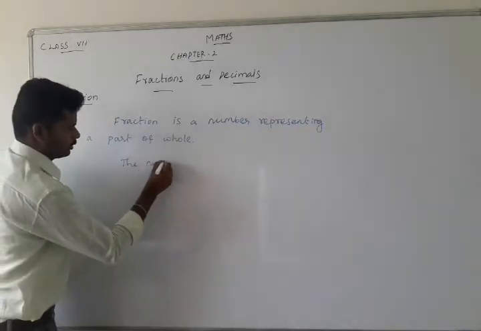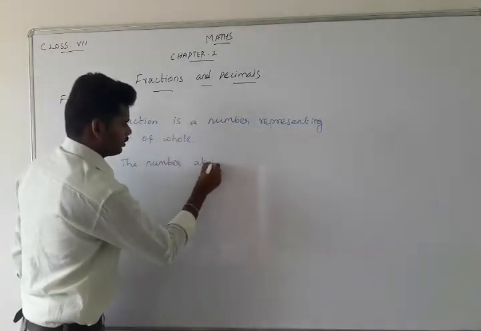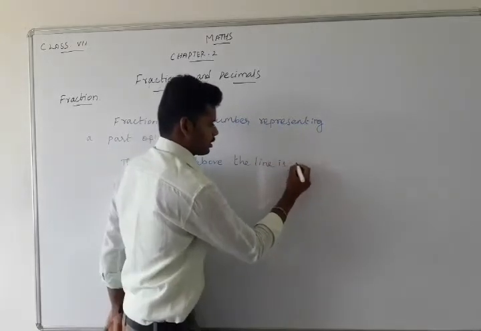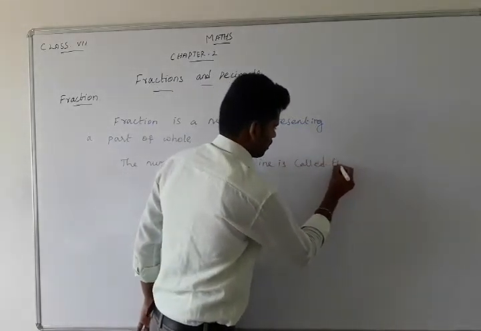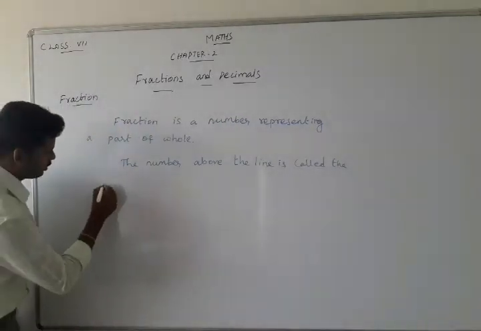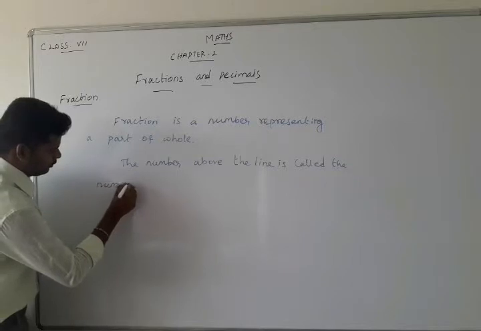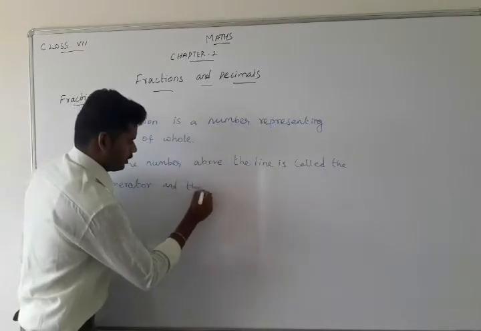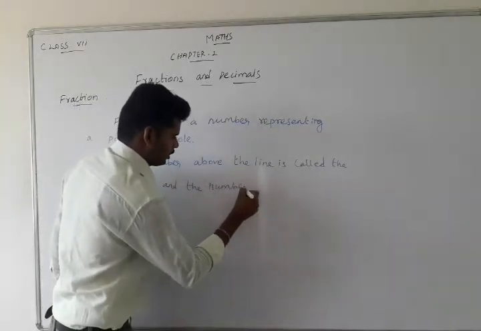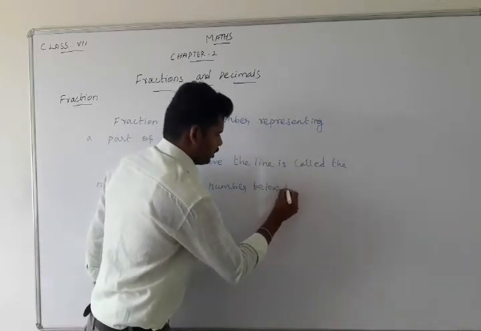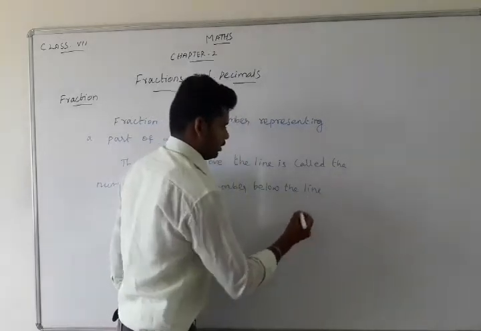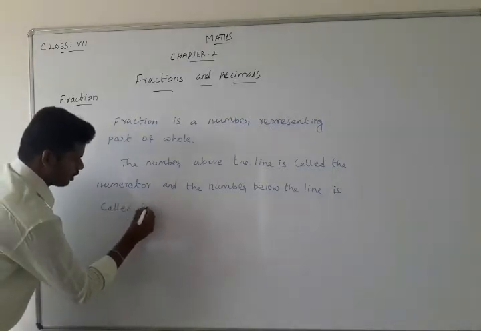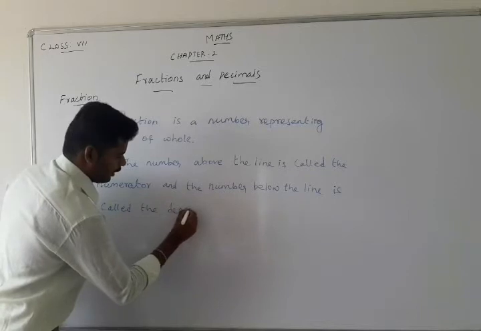The number above the line is called the numerator, and the number below the line is called the denominator.